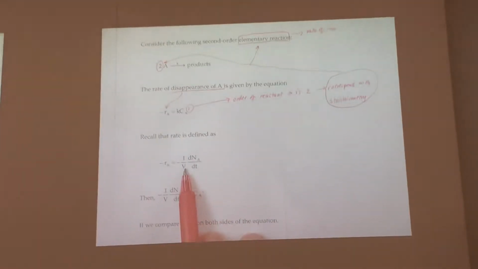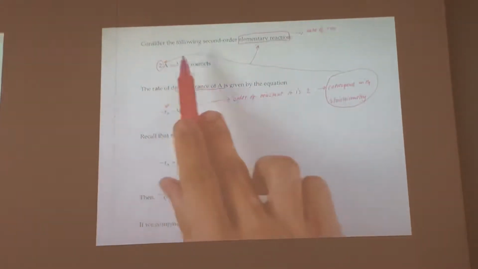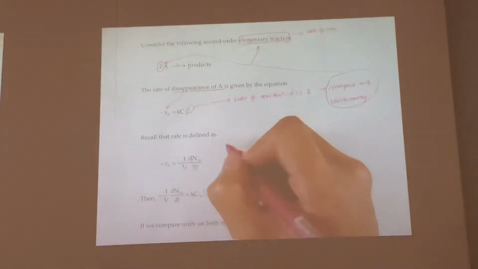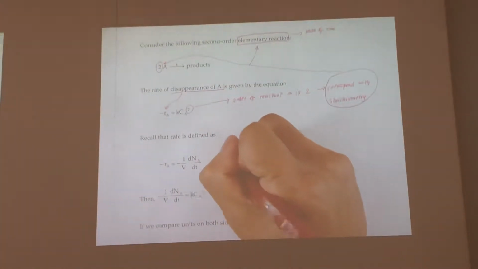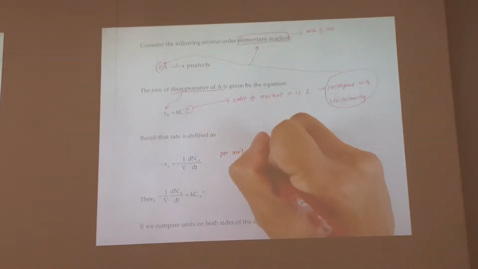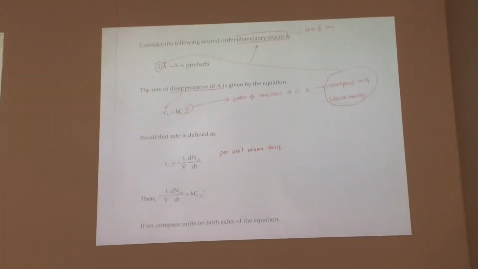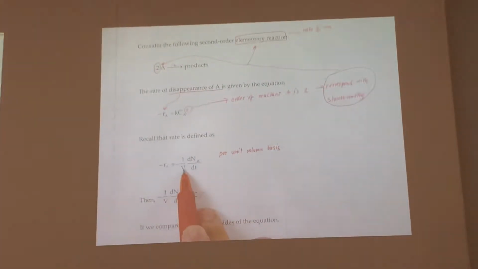Because this reaction is in liquid form, this is considered as per unit volume basis, because the reaction rate depends on the moles, and it must depend on how big the volume is. That must be taken into consideration.